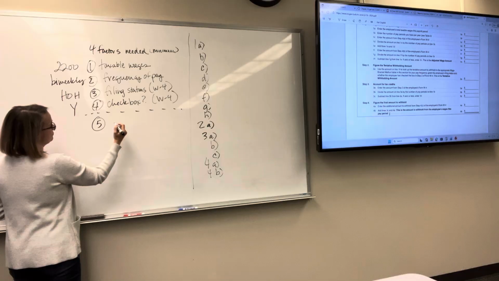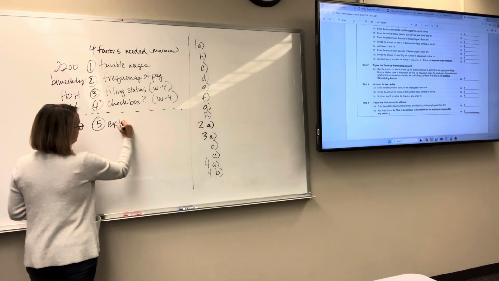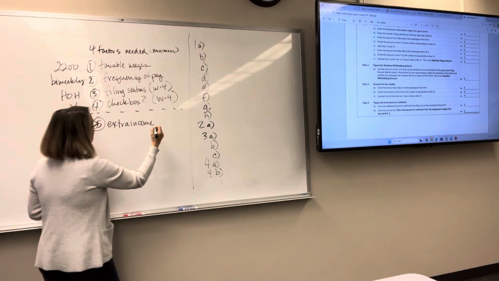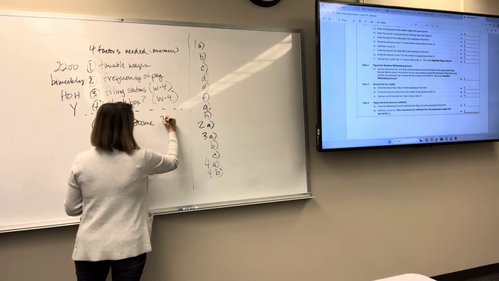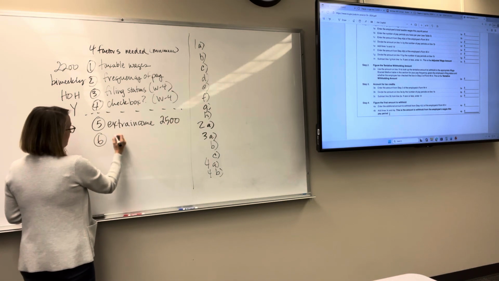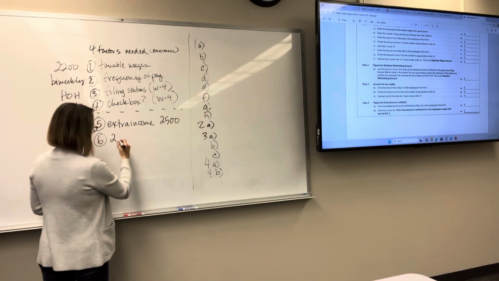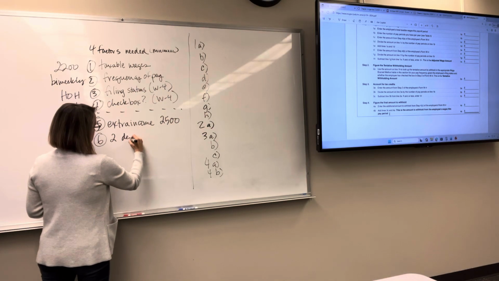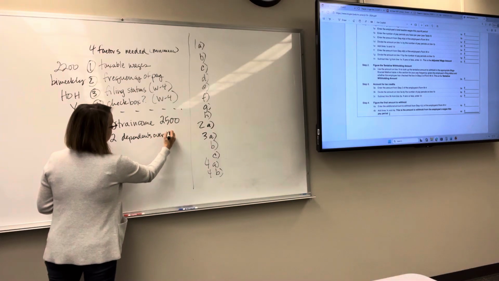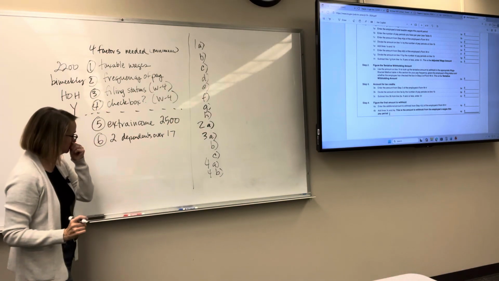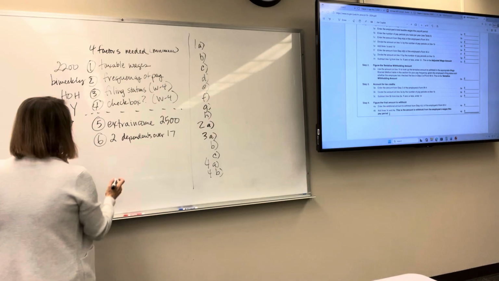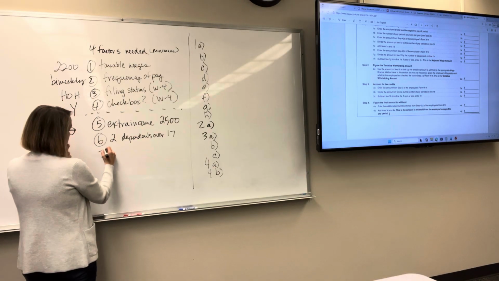And we'll say on the W-4, they also put extra income of $2,500, and they've got 2 dependents over 17. No additional withholding.